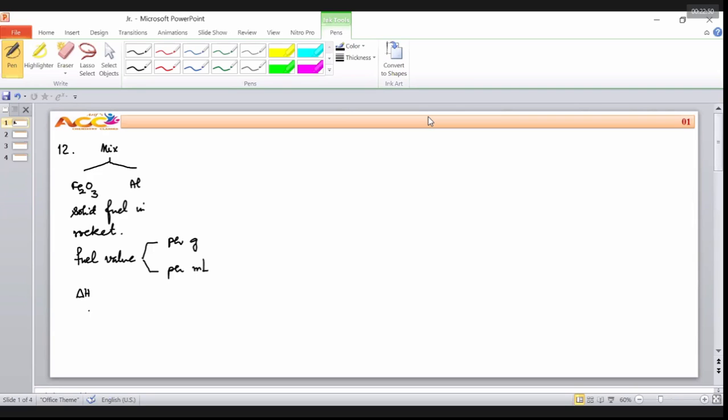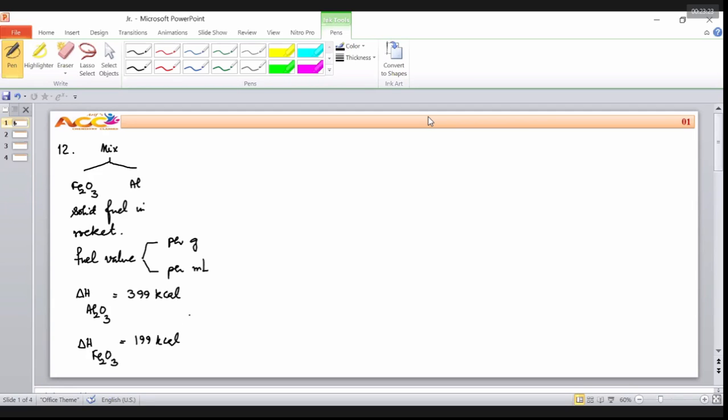Enthalpy of, delta H only given. Al2O3 is equal to 399 kilocalories. And enthalpy of Fe2O3 is equal to 199 kilocalories.